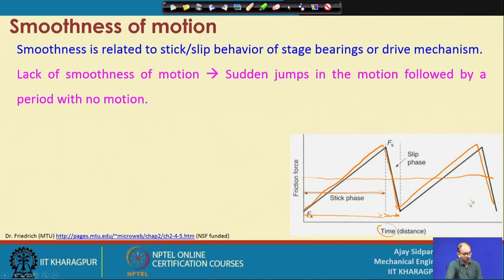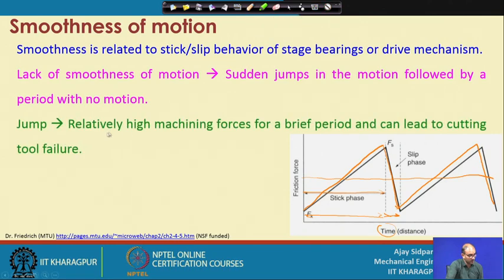Because of this non-uniform motion, you get very high forces for a brief period whenever there is a sudden jump, and when there is no motion, the forces are very low.